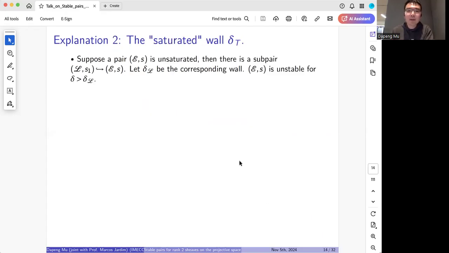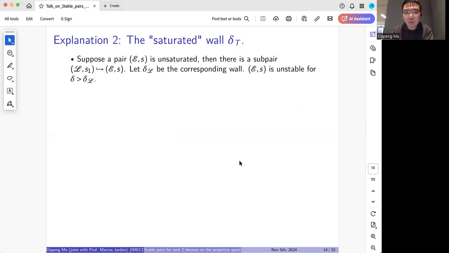Okay. The second wall is the saturated wall. Recall that for every pair, suppose this pair is unsaturated, meaning it does not correspond to a curve. Remember, we always have a subpair that comes with this pair naturally, and I will denote the corresponding wall by delta L, where L is the destabilizing object.